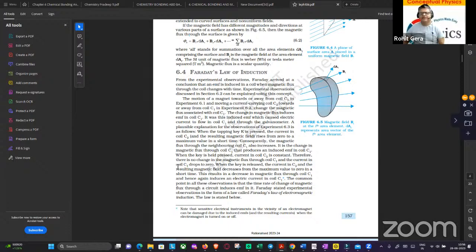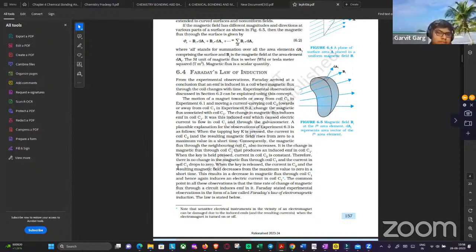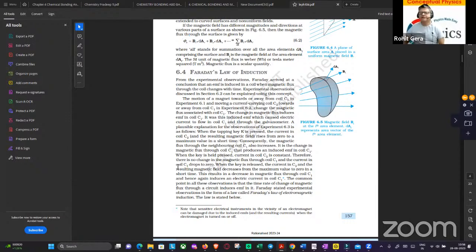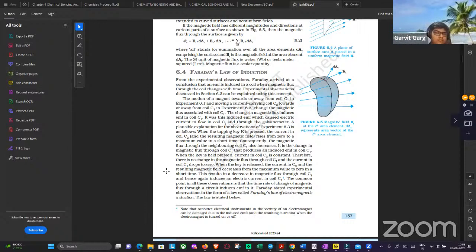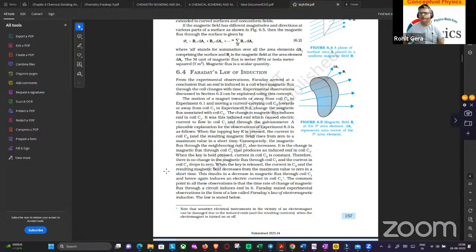The resulting magnetic field rises from 0 to a maximum value and then again you open the key, so that maximum value of the magnetic field reduces to 0, क्योंकि आपने जो मैग्नेटिक फील्ड का सोर्स है, जो करंट से पैदा मैग्नेटिक फील्ड हो रहा है, करंट ही खत्म कर दिया की खोल के. तो वहां पे की टैपिंग से आप करंट को ऑन करते हो. जैसे ही करंट फ्लो करता है कॉइल 2 में, मैग्नेटिक फील्ड इज प्रोड्यूस्ड. That magnetic field is passed on to coil 1.